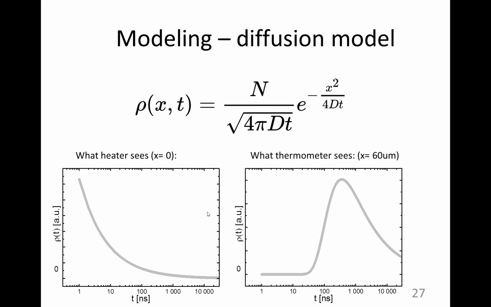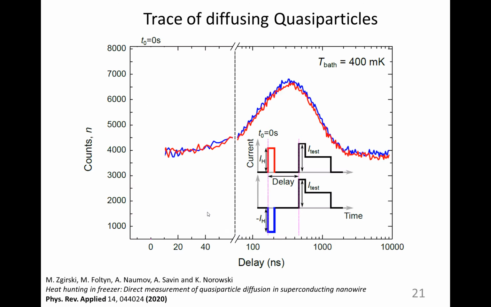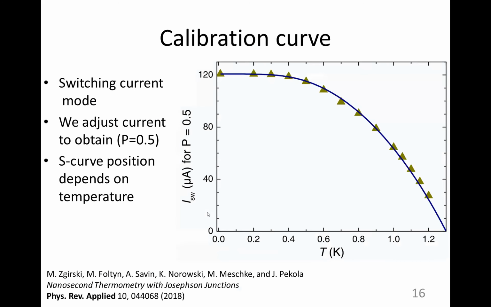But if you change the superconducting material to one that has lower TC, you surely can do it. We are starting to be sensitive at 300, 400 millikelvin, but this is the case of aluminum. If you change the TC of your material, you can obtain sensitivity at lower temperatures.